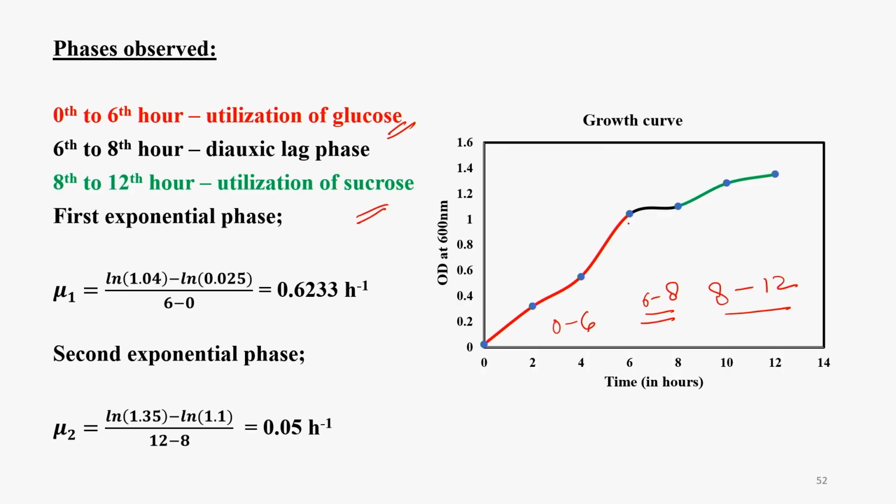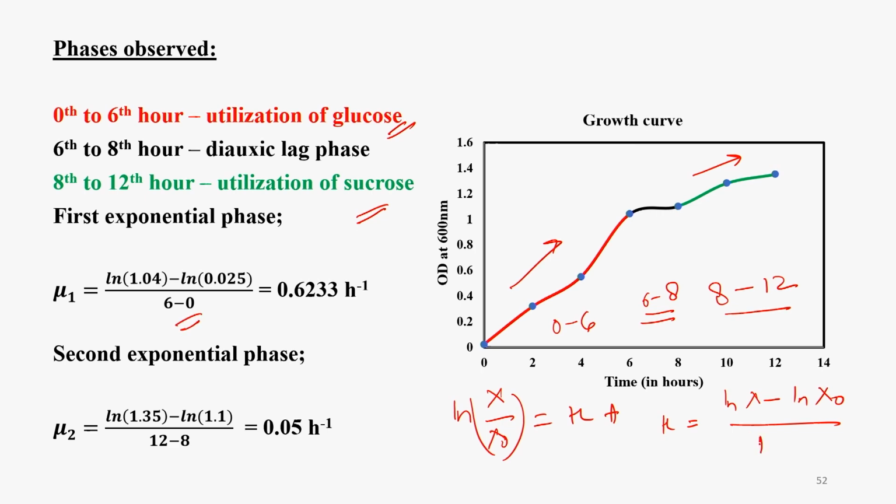Now, we have to calculate two specific growth rates. How do we calculate specific growth rate? ln x upon x naught equals mu into t. So, you have to write mu equals ln x minus ln x naught divided by the difference, T2 minus T1.